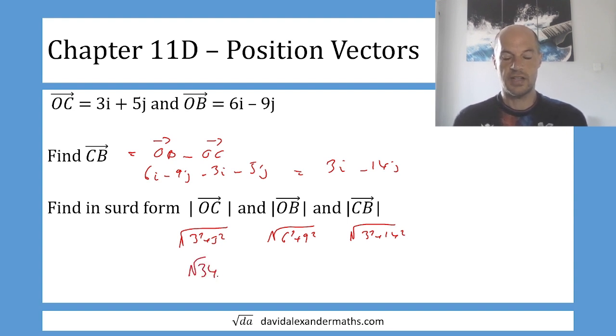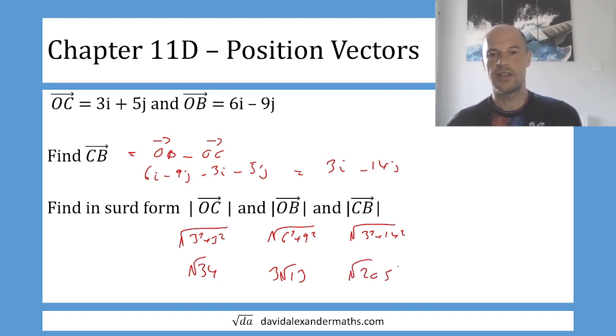The square root of 6 squared plus 9 squared is 3 root 13. And the square root of 3 squared plus 14 squared is the square root of 205. So these surds are the magnitudes of the vectors OC, OB and CB.